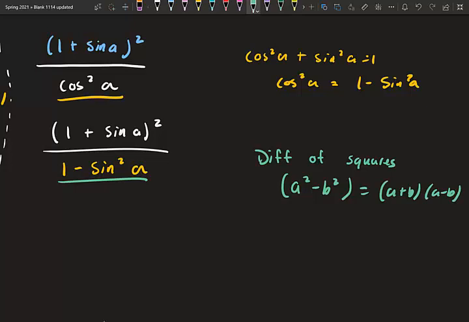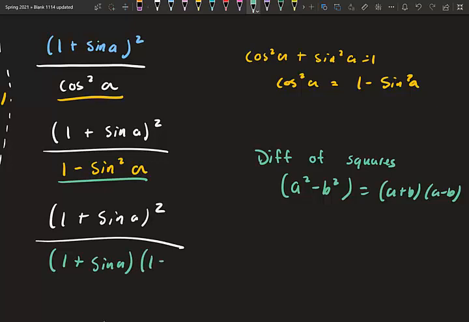So we take the square root. So on top, we haven't touched it, we still have 1 plus sine a squared over, so we factor the bottom into the square root of each of them. So the square root of 1 is 1, and then the square root of sine squared a is just sine a. So you're going to have a plus and a minus version.